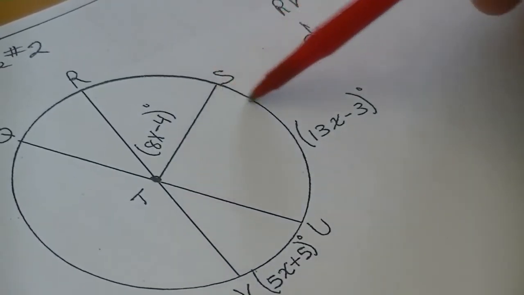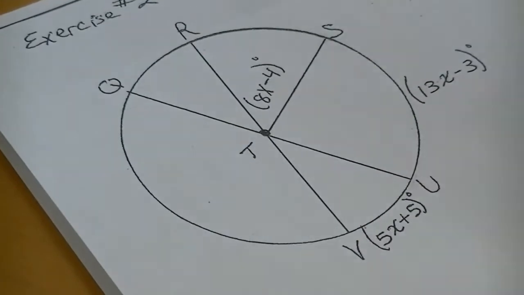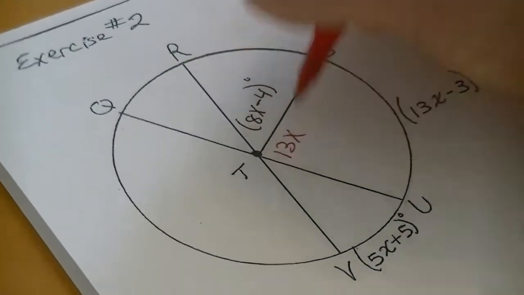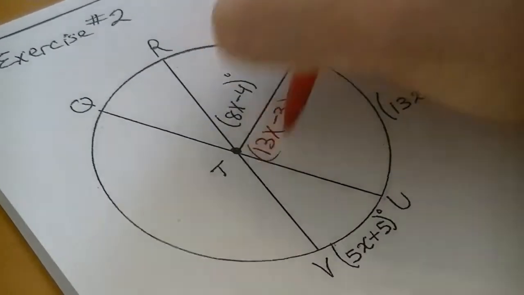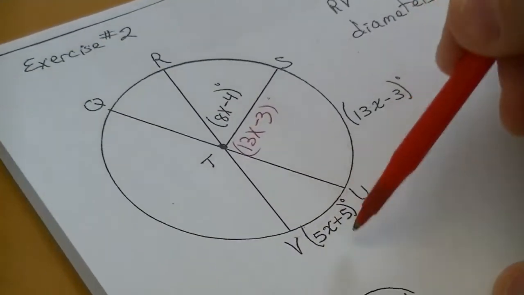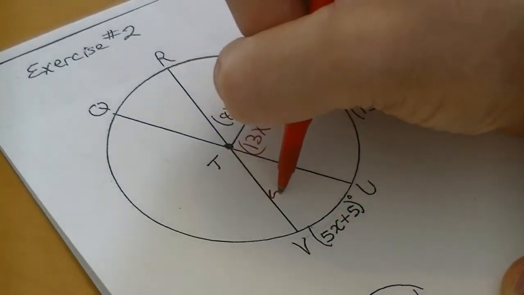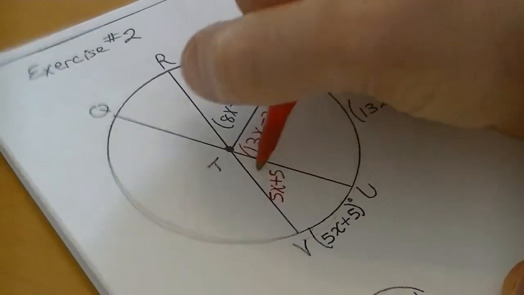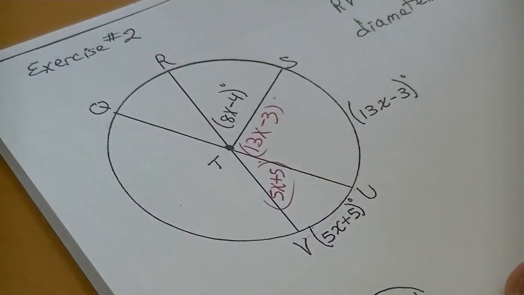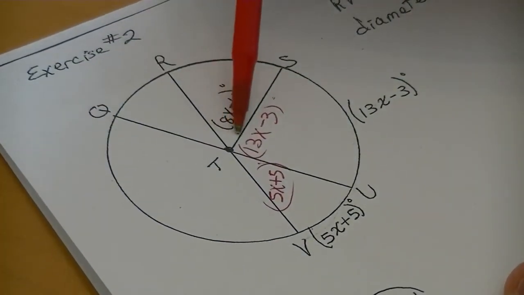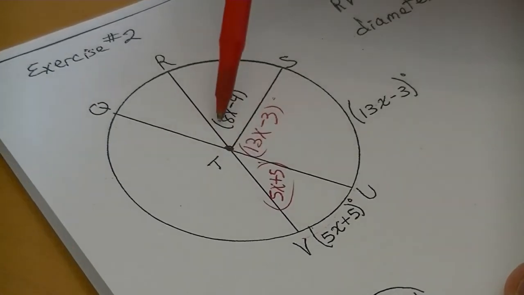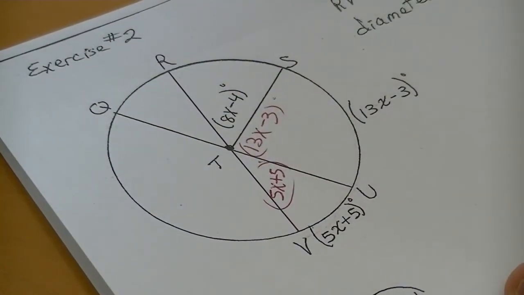So let's see, what do I know here? Well, I've got an arc measurement, so that tells me the central angle is going to be the same, 13x minus 3. I have an arc measurement here, so its central angle is going to be the same, 5x plus 5. So one way we could get x is by noticing these three angles form a line together, so they have to total 180.